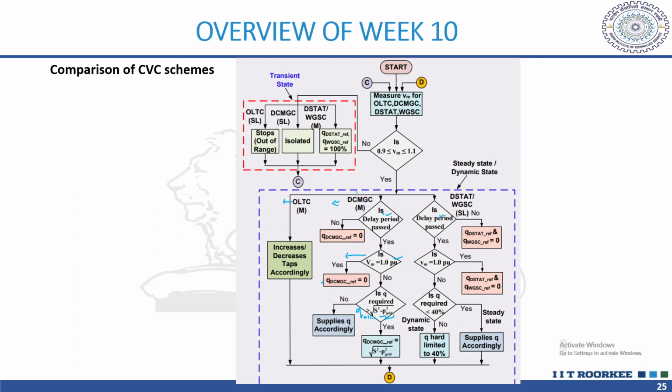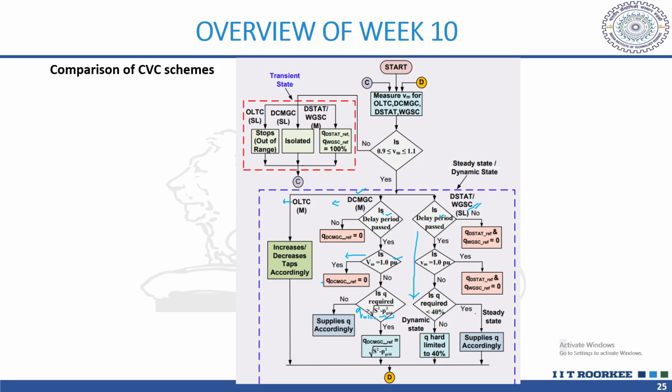So this was for the solid DC microgrid. If it is yes, then the Q is being supplied there. Then similarly, it is done for this wind-based DStatCom also. Similar, you can see the same phenomenon is going here. But here, again, we are checking for the dynamic state and steady state.